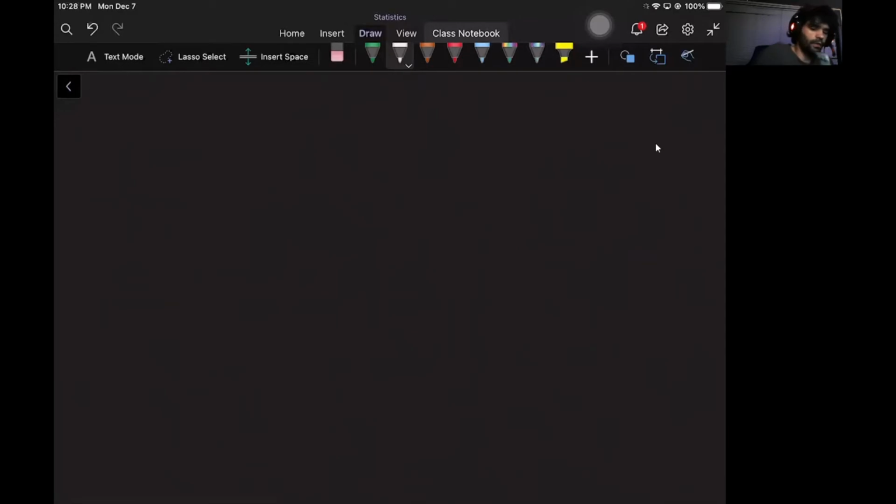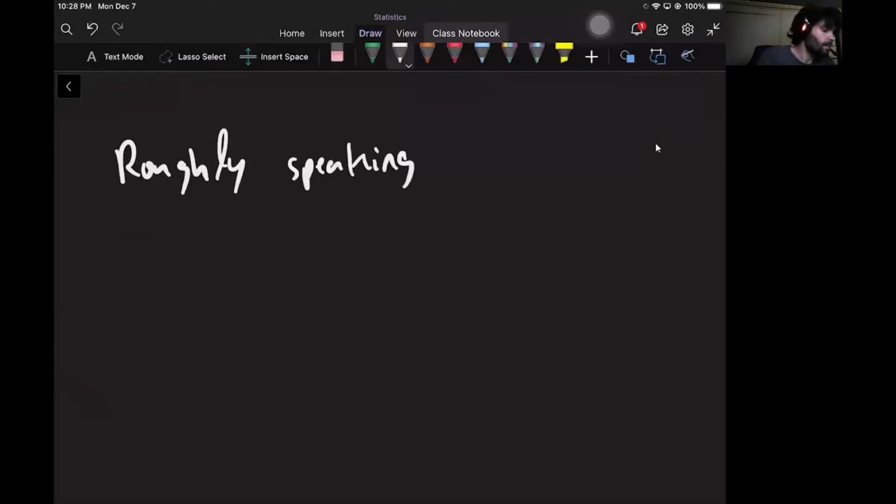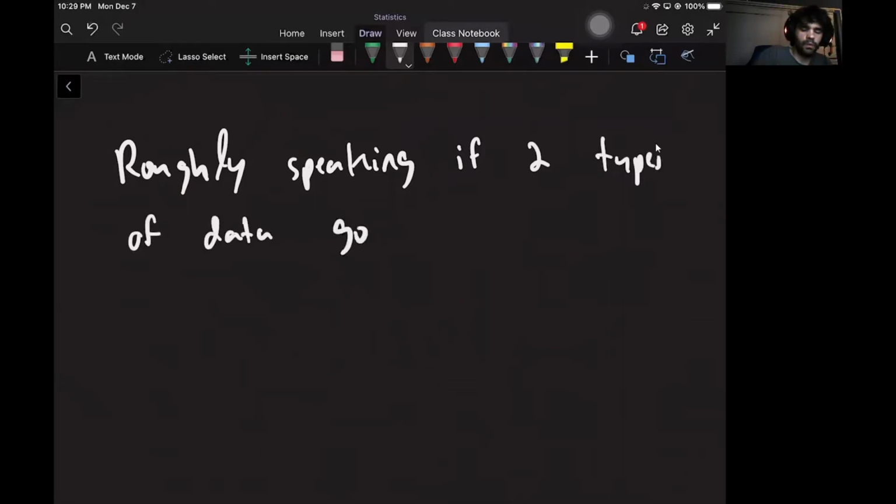So we have to bring in fancy stats language. Roughly speaking, if two types of data go up or down together, then you might say that they are related.